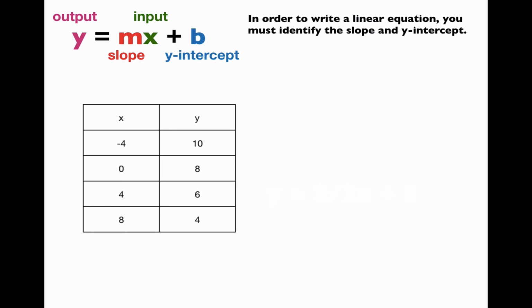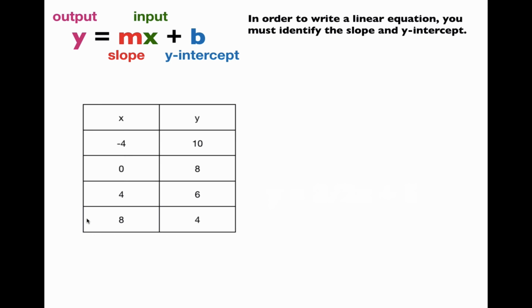Okay, let's see how you did. So here y is decreasing by 2 each time, and x is increasing by 4 each time. So it looks like the slope is -2 over +4, which reduces to -1/2.